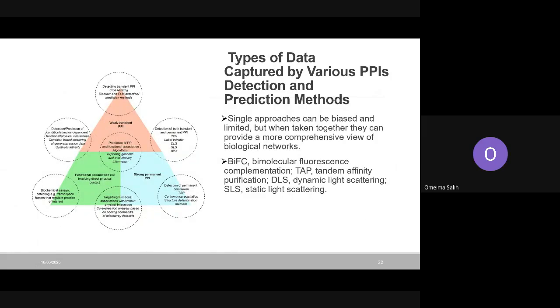When we are talking about multiomics, usually the combination of methods is important. For example, you can predict, but you need to combine it with other in vivo or in vitro methods. Single approaches can be biased and limited, but taken together they can provide a more comprehensive view of biological networks.